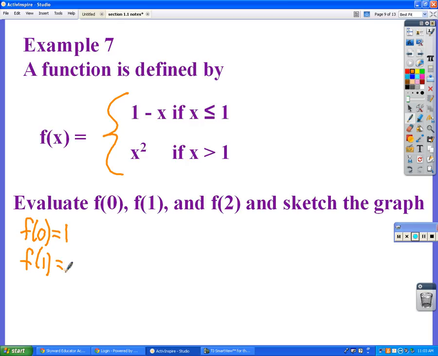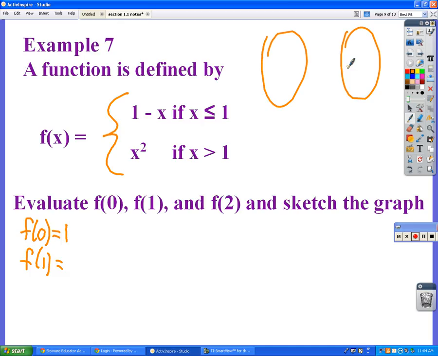Are we on the top one or the bottom one? For the top one, we switch the negative sign? No, because that's just saying when you use it. We're not setting this up as an inequality and then solving it for x. We're going back to my little thing I did at the beginning where you have the two things like this. They're saying, if you are going to plug in a number that's less than or equal to 1, follow this rule.